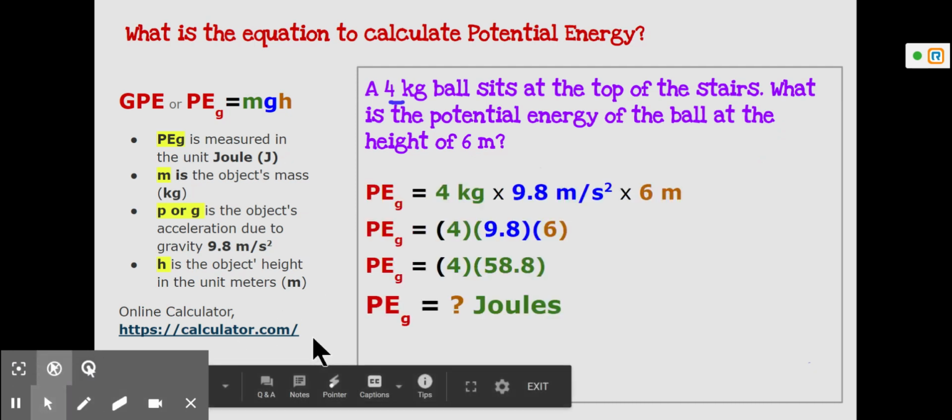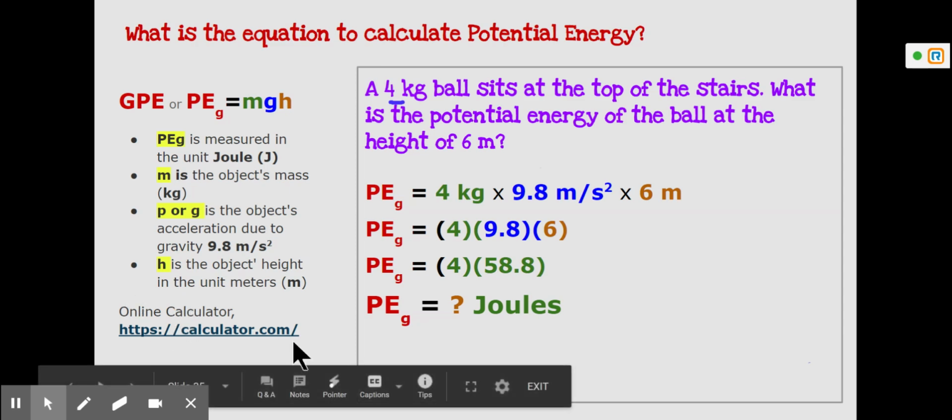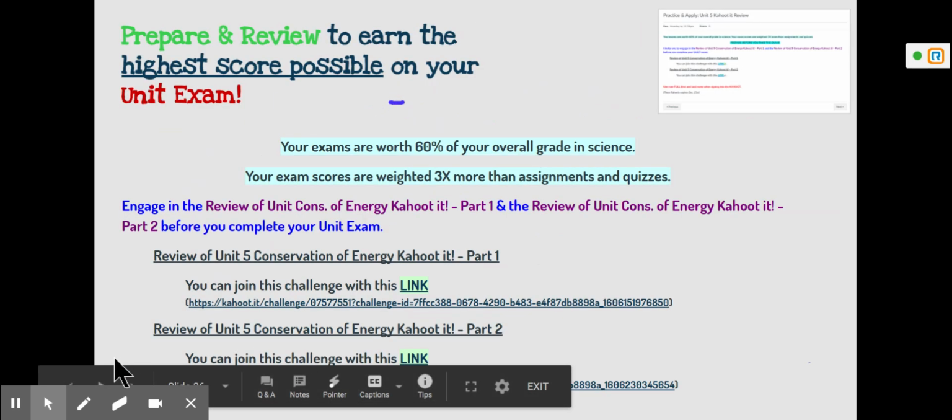And here are the steps written out a little bit more neatly. What did you get? Did you get the same answer we just calculated? Good for you.